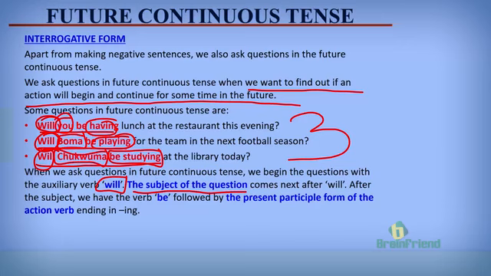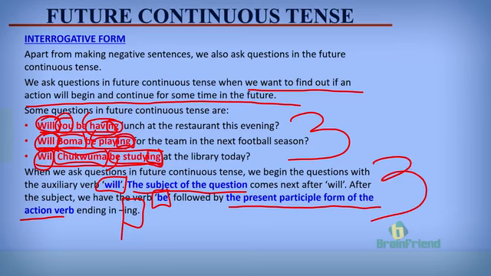And next, after the subject, we have the auxiliary verb be, and be. And after the auxiliary verb be, we have the present participle form of the action verb. That is the form ending in ing, just as we have here, ing, ing, ing. So this is the formula for asking questions in the future continuous tense.